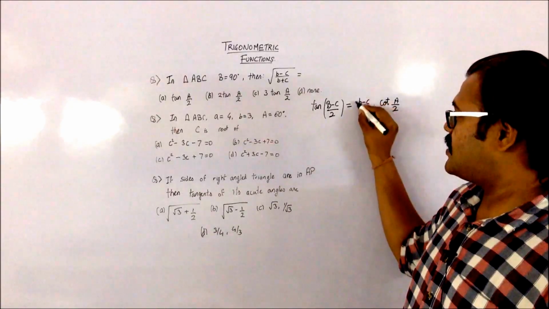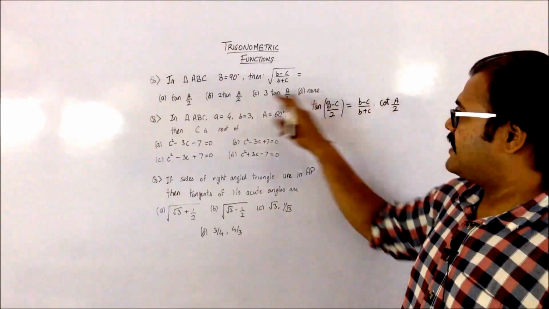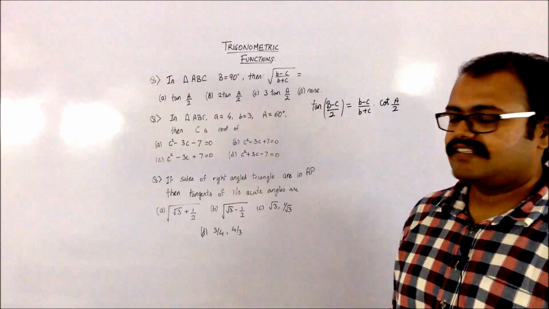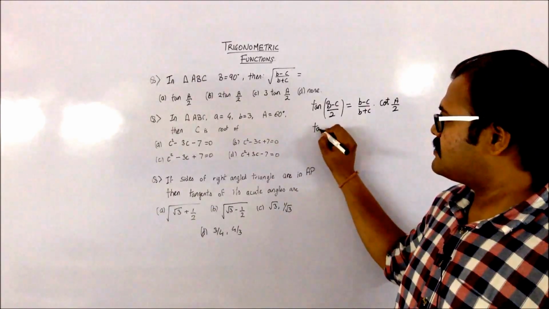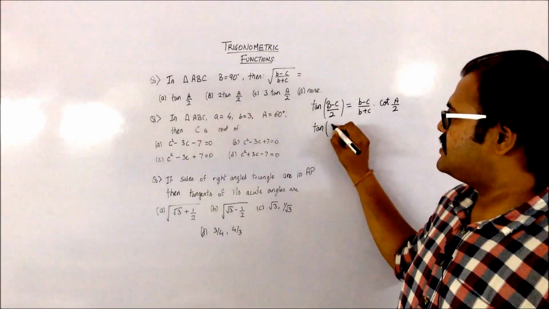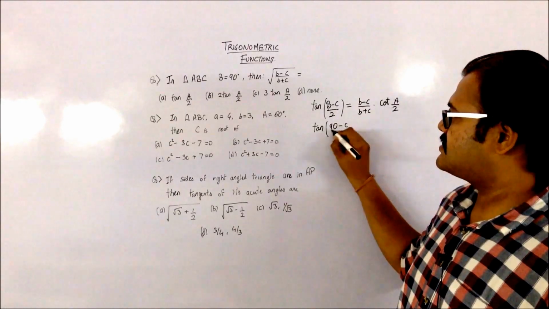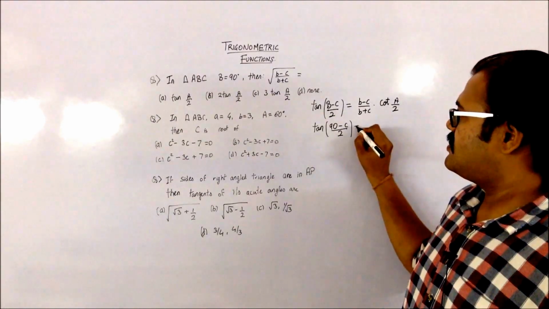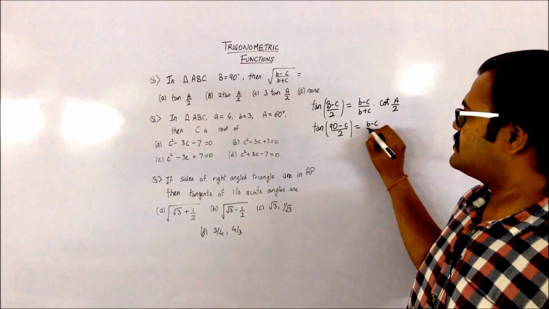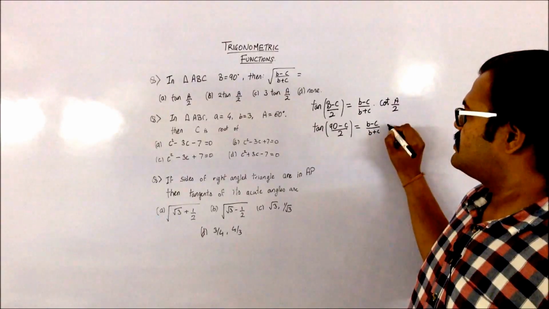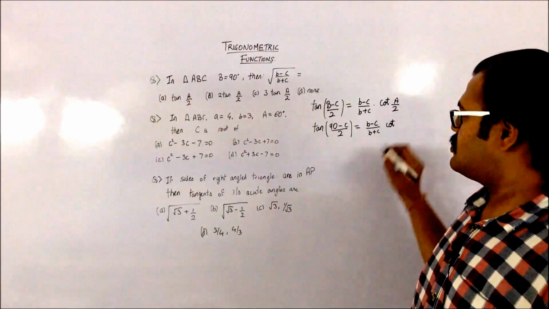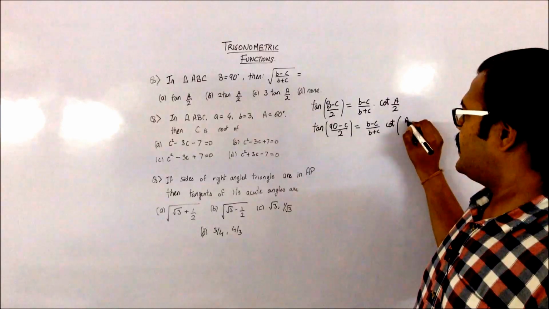Now in this I require this part. They have given me that B is 90 degrees, so I'll be substituting that value. So tan of (90 minus C) by 2 will be equal to (b minus c) by (b plus c) into cot of A by 2.